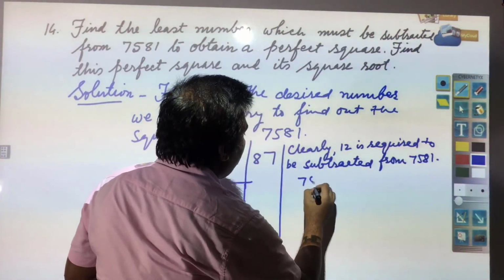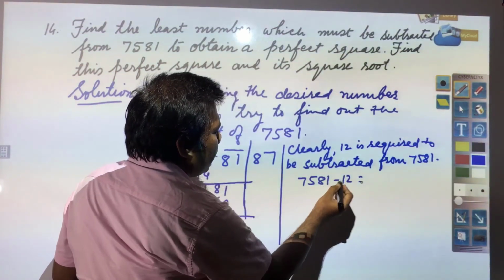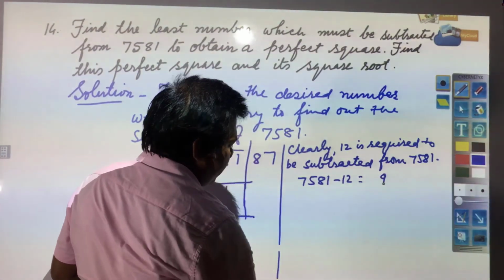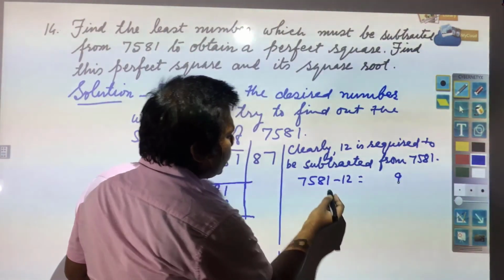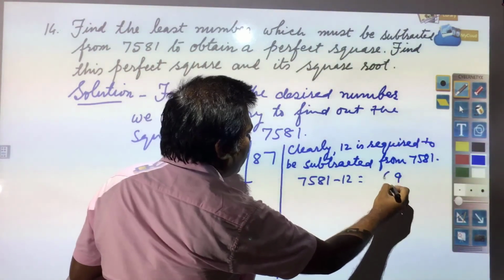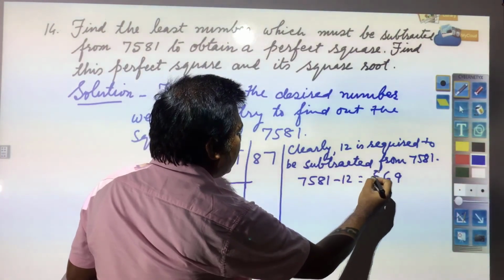So, 7581 minus 12 will be equal to 11 minus 2 is 9, 7 minus 1 is equal to 6, and this is 5 and 7.